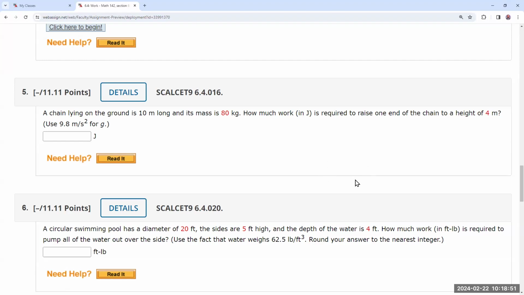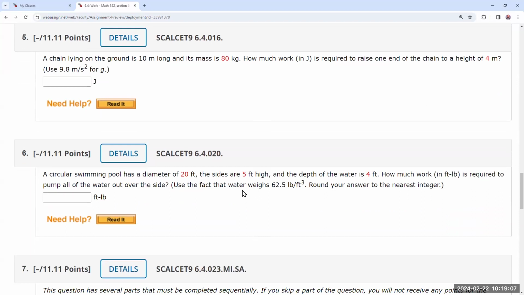If y was 1, you lifted that bit of chain 1 meter. If y was 4, you lifted that bit of chain 4 meters. And so what does that turn out to be? That turns out to be 8 dy times 9.8 times y within your integral, and we're integrating between 0 and 4.